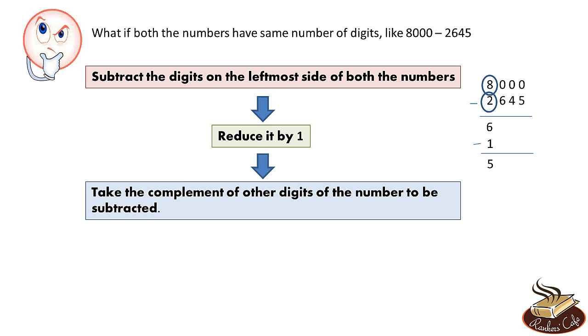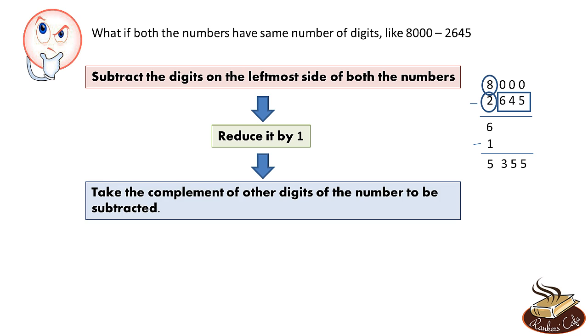Then take the complement of the other digits of the number to be subtracted. The remaining digits of 2645 are 645 and the complement of 645 is 355. So the answer is 5355.